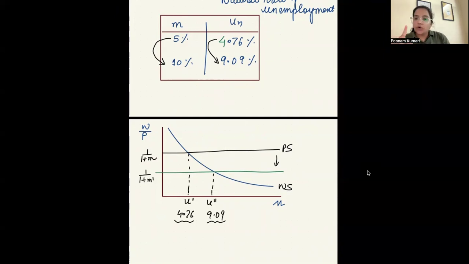So now if the unemployment remains the same, people are not willing to accept this low wage. So the unemployment has to rise in order for them to be comfortable with this low wage. So this is why all of this is happening.